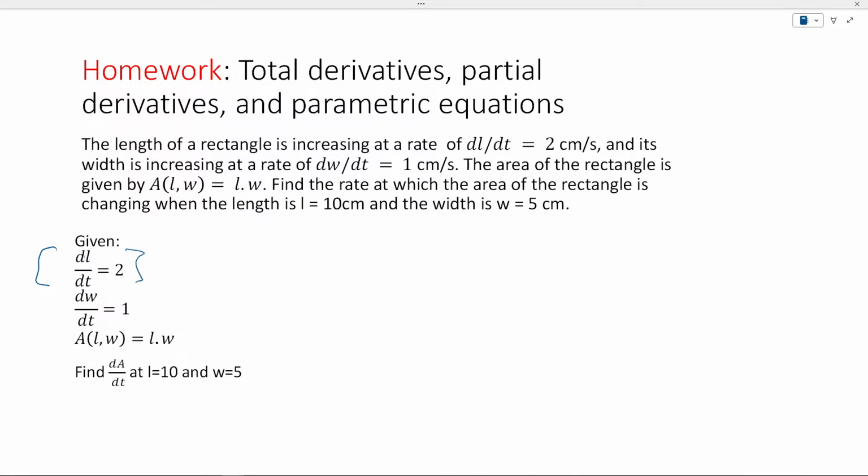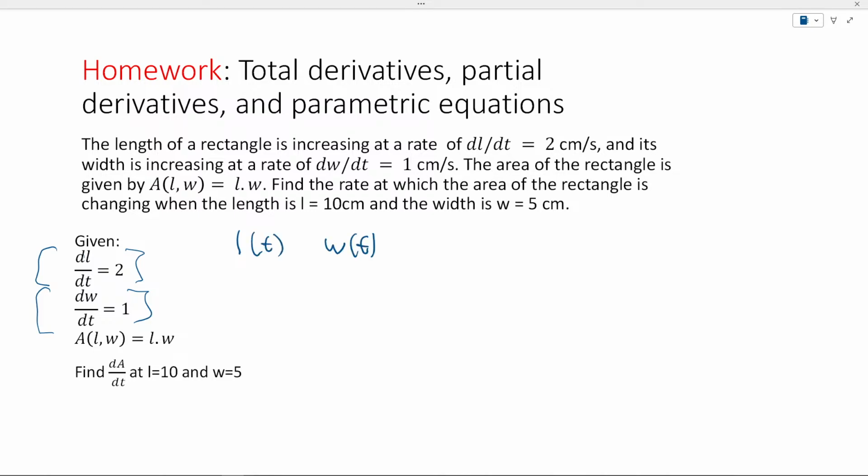And its width is increasing at a rate of, so I'm also giving you how the width is increasing. The area of the rectangle is given by, so area is a function of length and width, and length is a function of time, and width is a function of time.